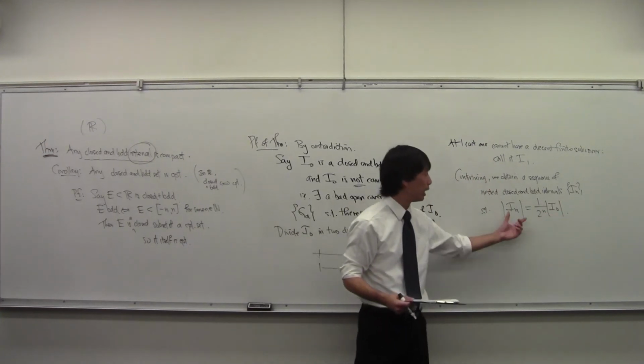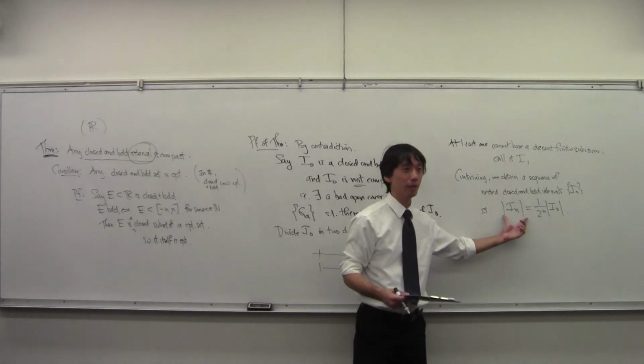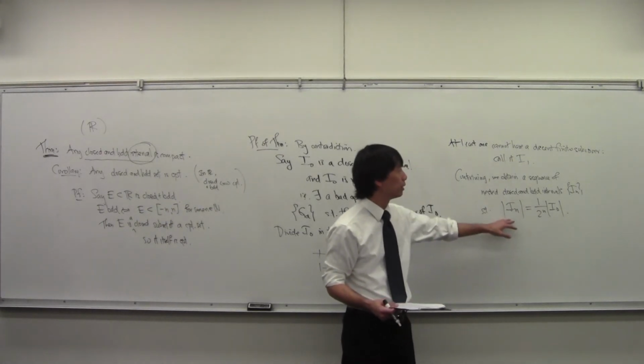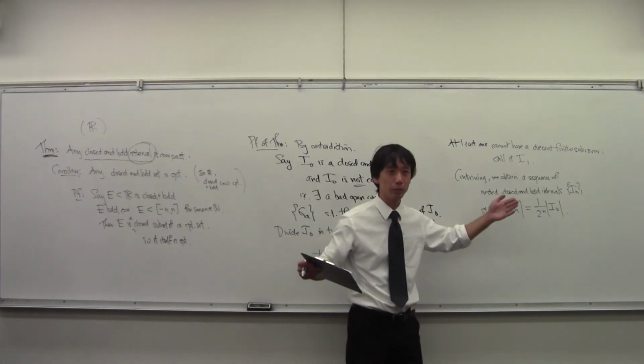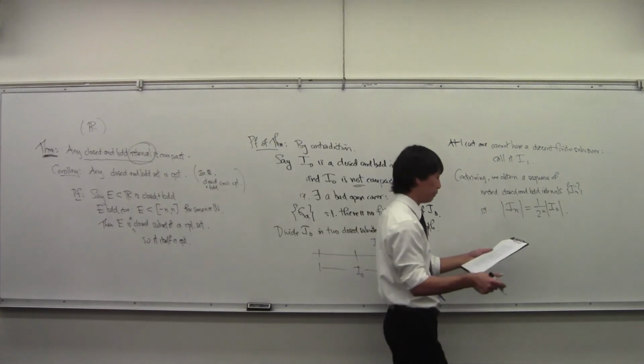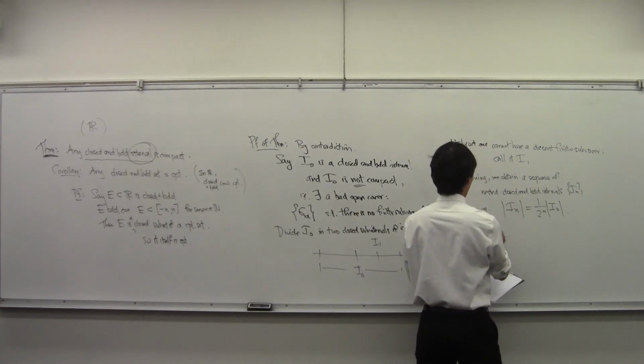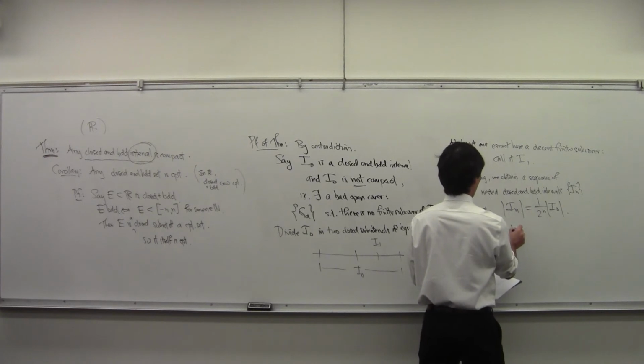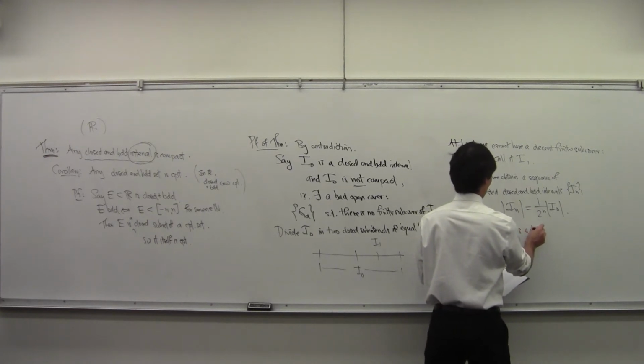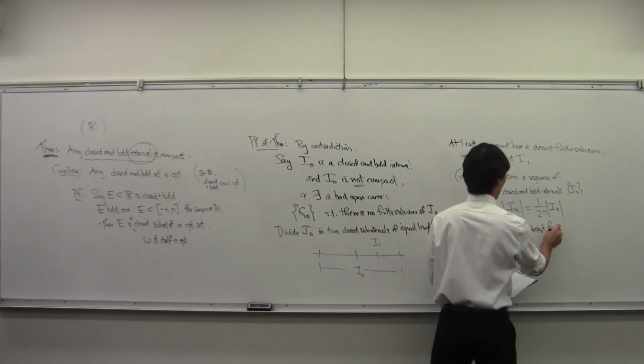This absolute value we use as the length of the set. So they're shrinking by half every time, and none has a finite subcover.